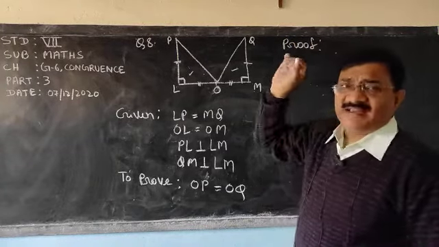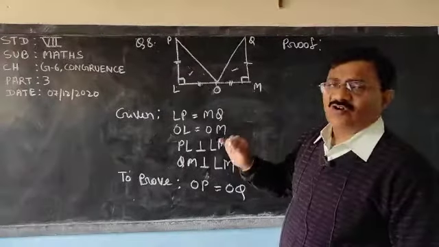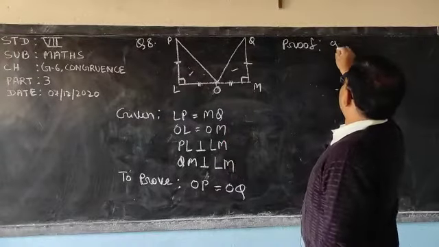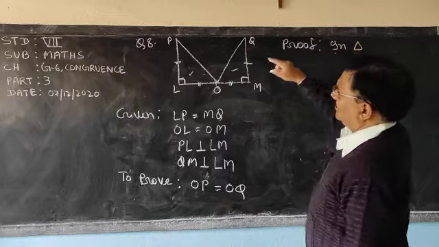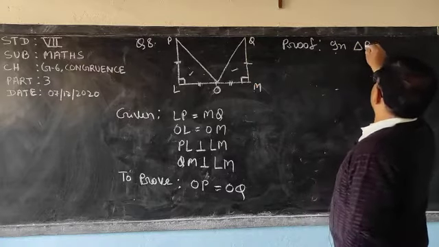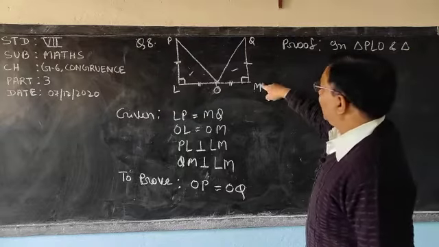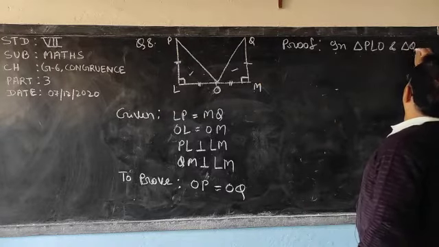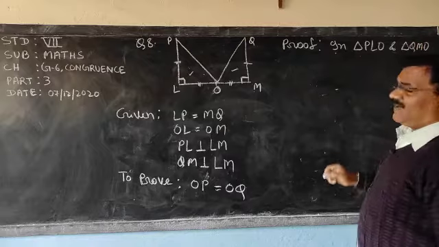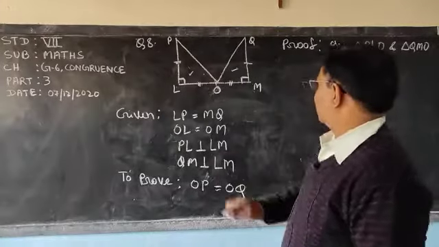Which two triangles are you going to show congruent? In triangle PLO and triangle QMO. How many things are necessary? Three things.